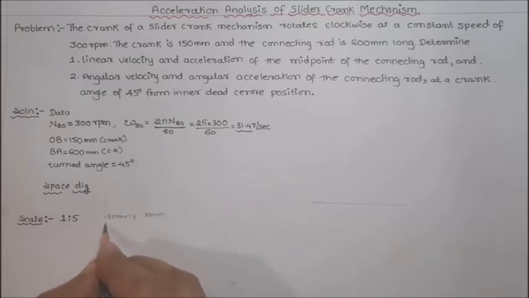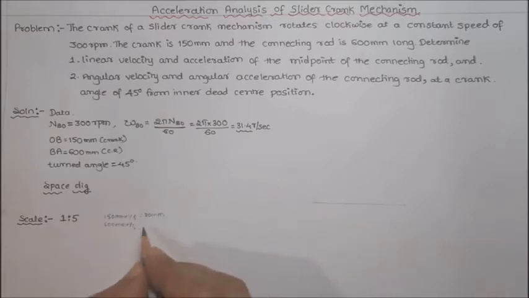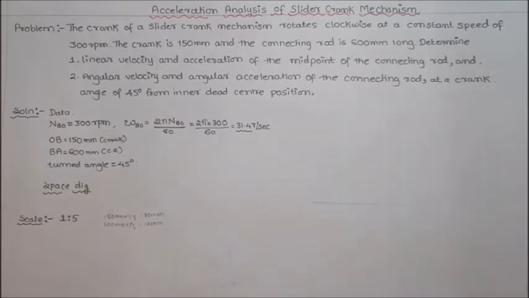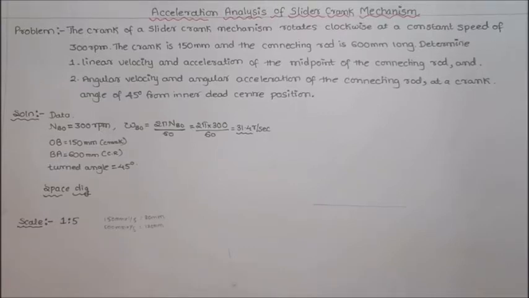Similarly, 600 mm into 1/5 will be equal to 120 mm. So using those two values we have to draw the diagram.